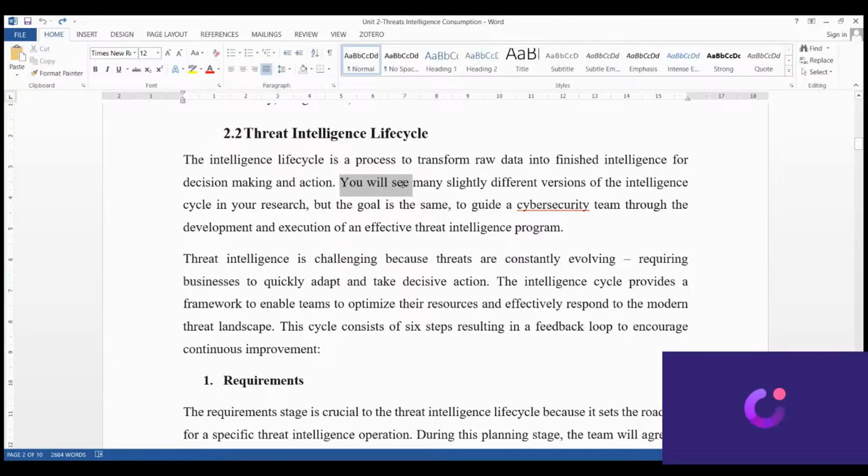You will see many slightly different versions of the intelligence cycle in your research, but the goal is the same: to guide the cybersecurity team through the development and execution of an effective threat intelligence program. Different people use different versions, but the whole idea is to guide the cybersecurity team.